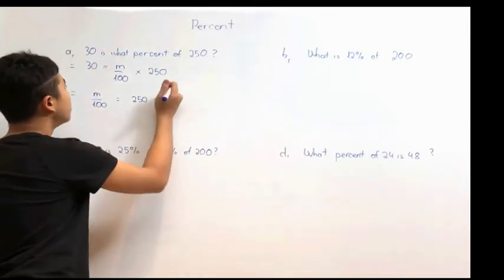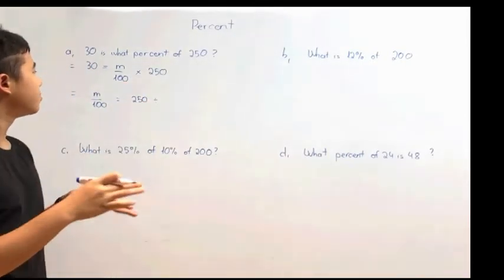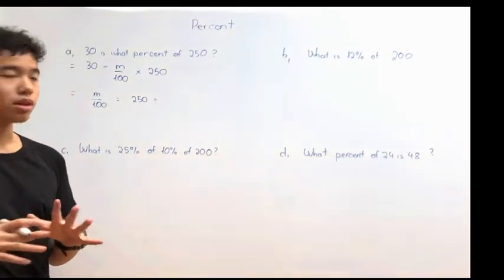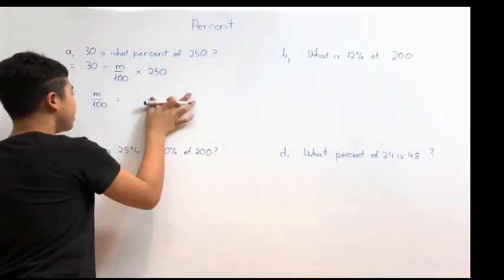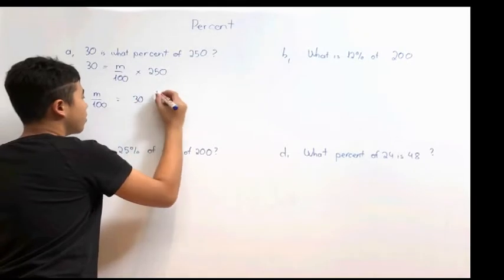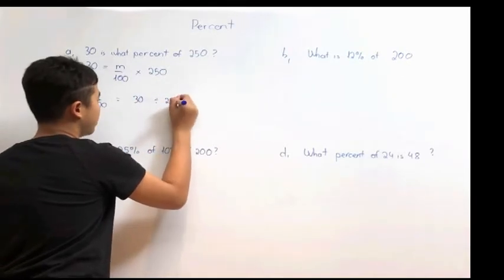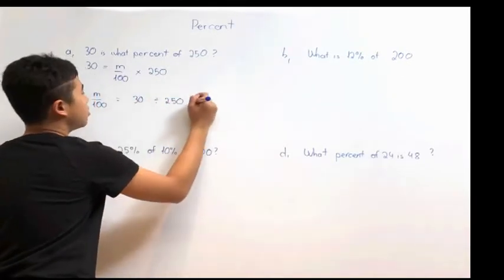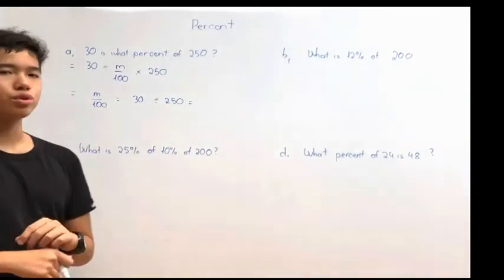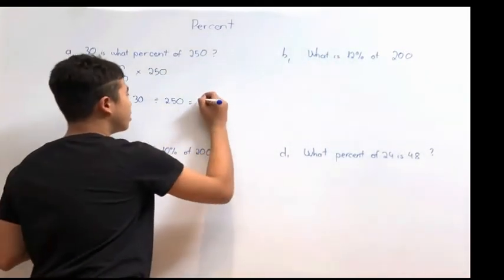So m times 250 is going to be equal to 30. So m is going to be 30 divided by 250. So that is equal to 0.12.